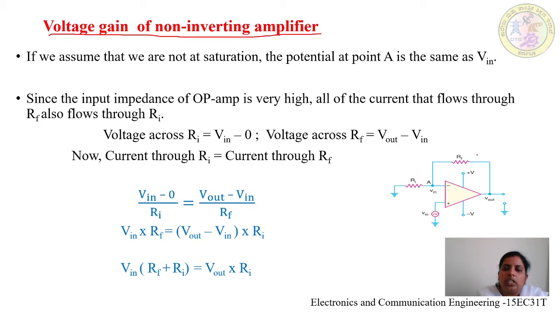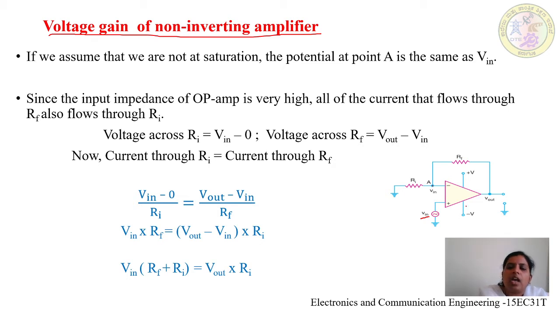We assume that it is not at the saturation level. Therefore, the voltage at point A, at the inverting terminal, is the same as the non-inverting terminal input voltage, Vin.